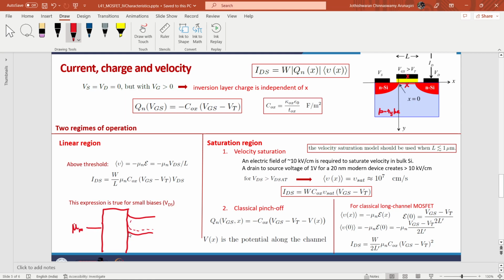Are you guys familiar with that? So what happens in inversion? Which of these bands crosses the Fermi level? I've kind of sketched it already.